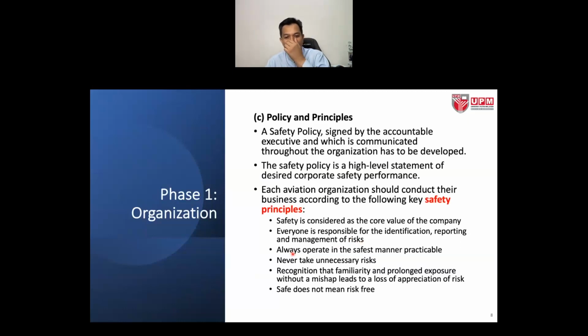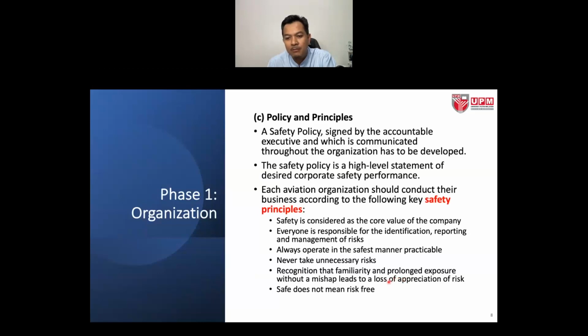Always operate in the safest manner practicable. Never take unnecessary risks. Recognition that familiarity and prolonged exposure without a mishap leads to a loss of appreciation of risk. Meaning that if you do not have any incident or accident for maybe a couple of years, that doesn't mean that something bad could not happen.